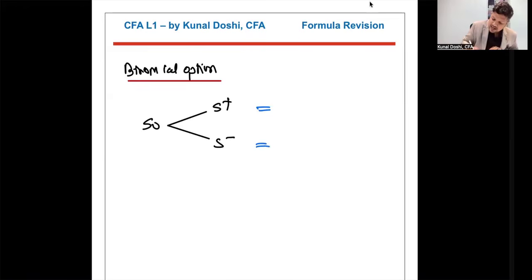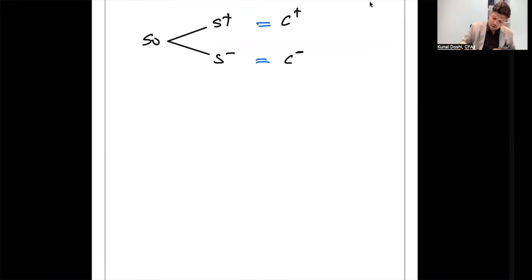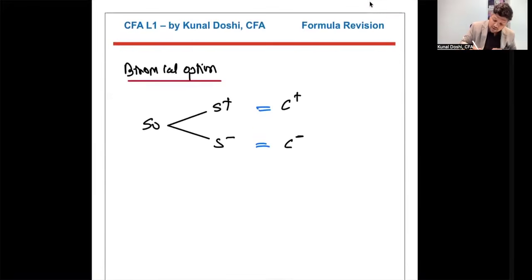Based on that, we will get the call or the put value. Let's say call value if it goes up or down. These are expected values. We will discount them, but we need to find the risk neutral probability of upside and downside, which we will discuss.